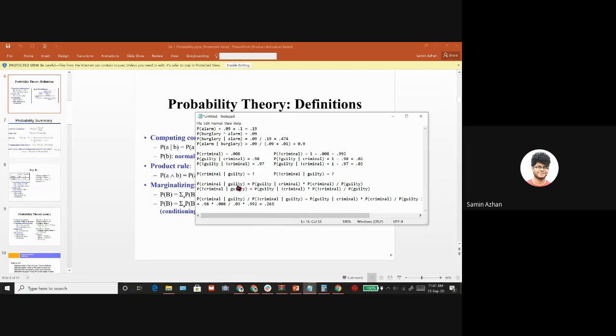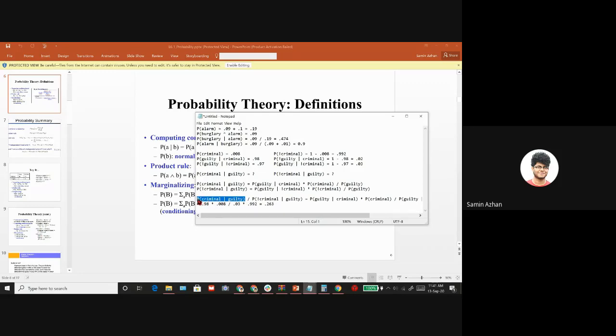That tells us that the probability of criminal given guilty is true divided by the probability of not criminal given guilty is true is 0.263. So in this case, can we infer which one is the larger?